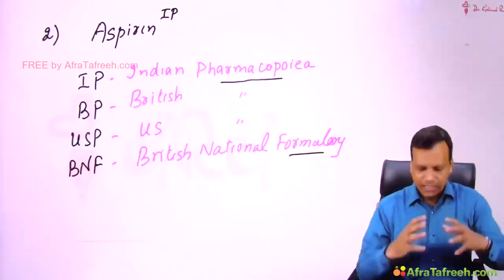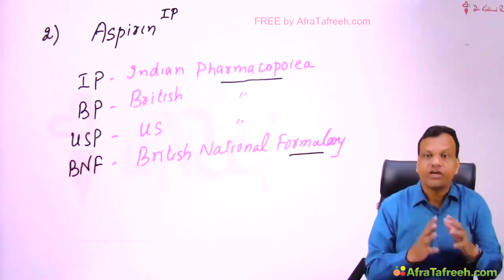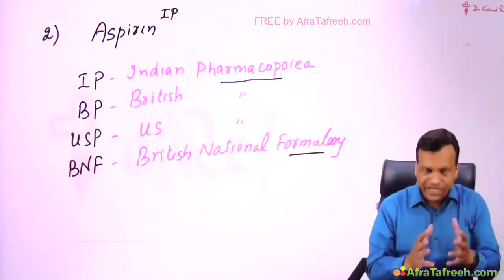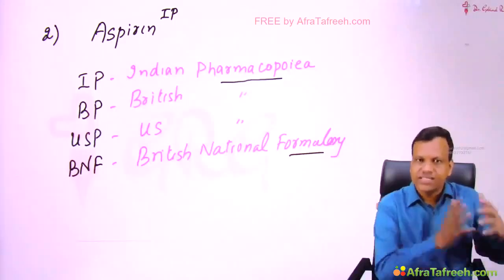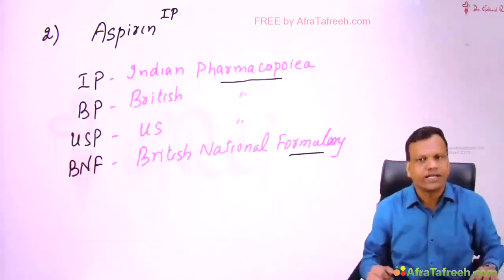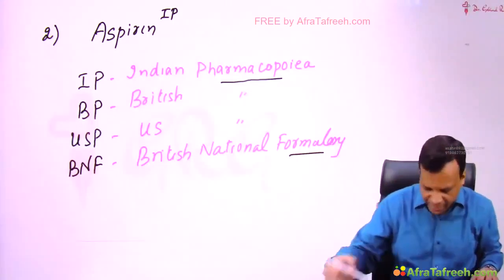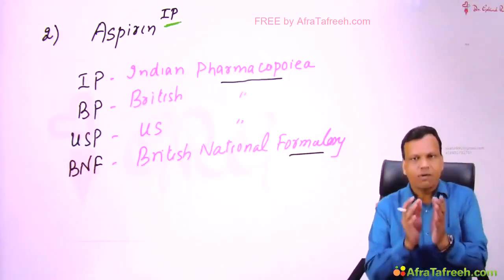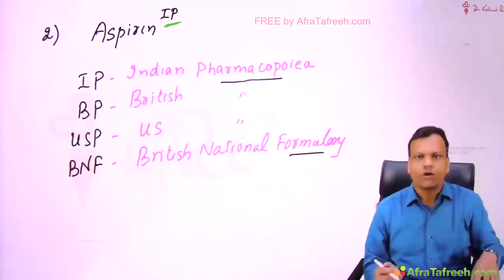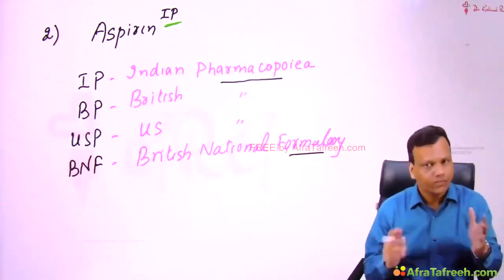Apart from that, it also contains information like where to store, how you can test that this is aspirin, what are the chemical reactions, from where it is synthesized. So all the details about that drug are present. So when we write an abbreviation like IP, it states that details about this aspirin you can study from Indian Pharmacopoeia. Clear?